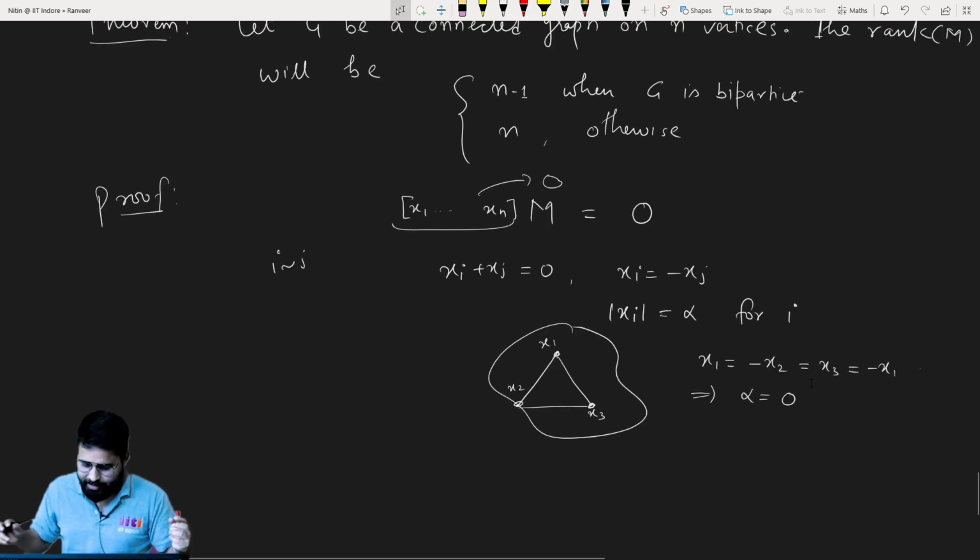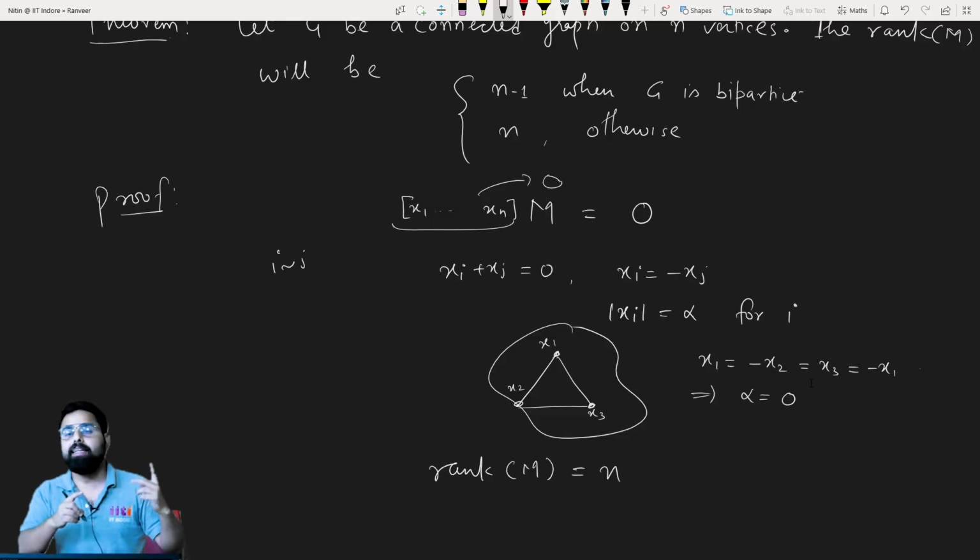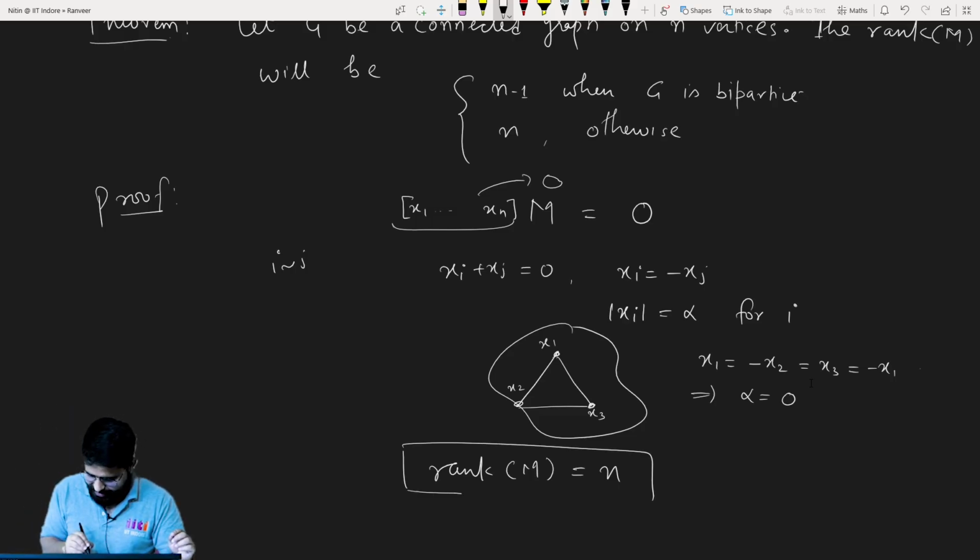So M has full rank, and the rank of M will be equal to n. Again you see that nullity plus rank equals n, it is coming from that. Very good, so this case is established.